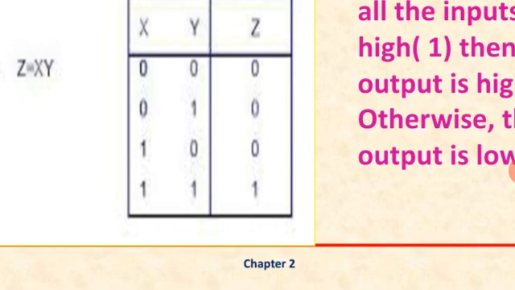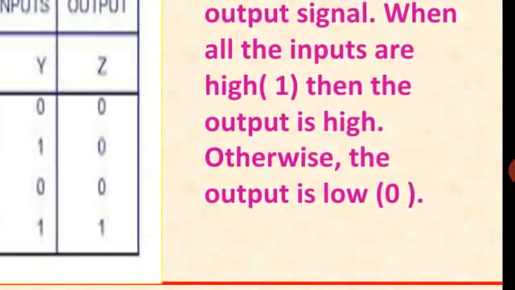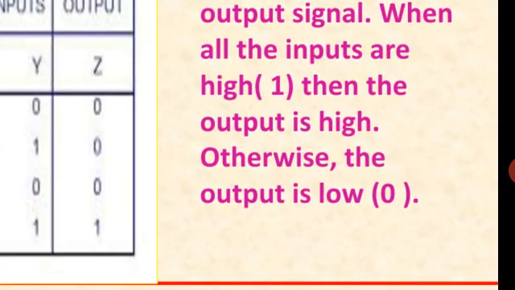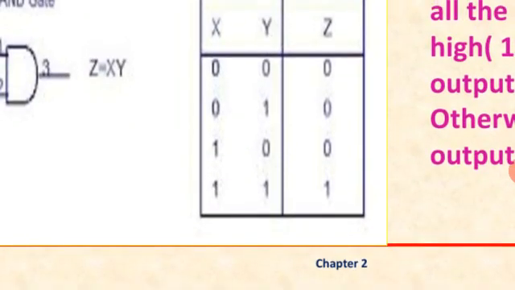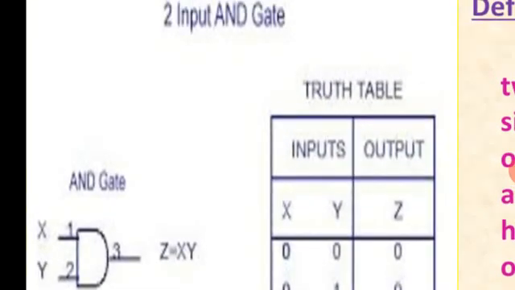Hence, when all the inputs are high, then only our output will be high. So when X value is 1, Y value is 1, then only the output will be high. Otherwise, the output will be low only.